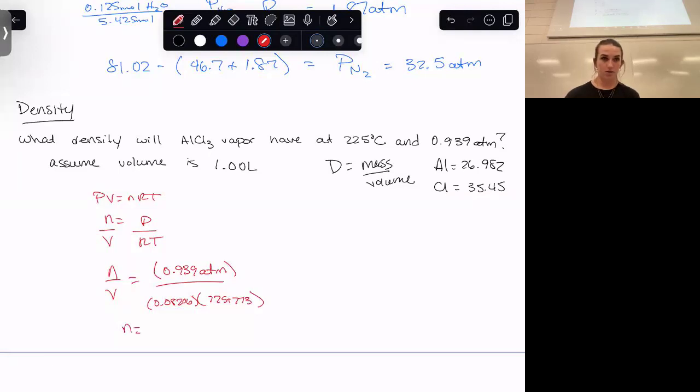So n over V you get to be moles per volume, and you can convert the moles into grams.